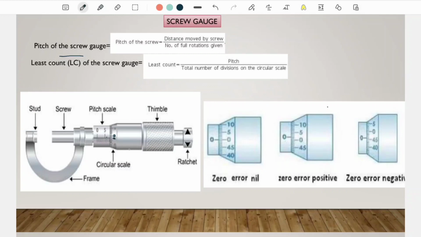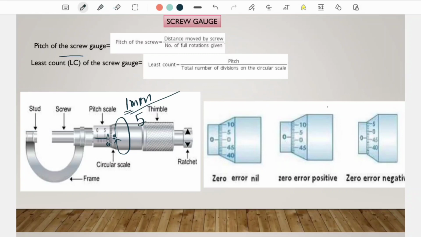Then we rotate the scale, and each time this point comes back to this location, that means one complete rotation, and we will have to do as many rotations as needed to make the circular scale advance to at least this position, because this too is one measurement in the linear scale. So we can equate this one measurement in the linear scale, if this is in millimeters say, divided by the number of rotations. Suppose we had to rotate the circular scale 5 times, then this will become our pitch.